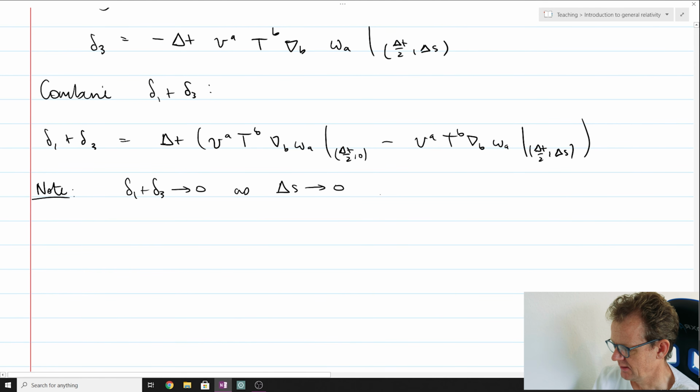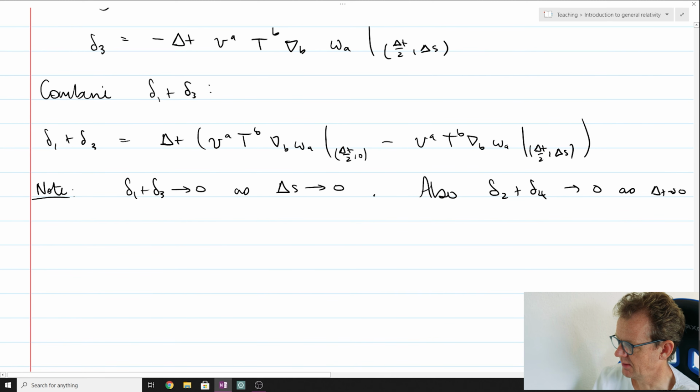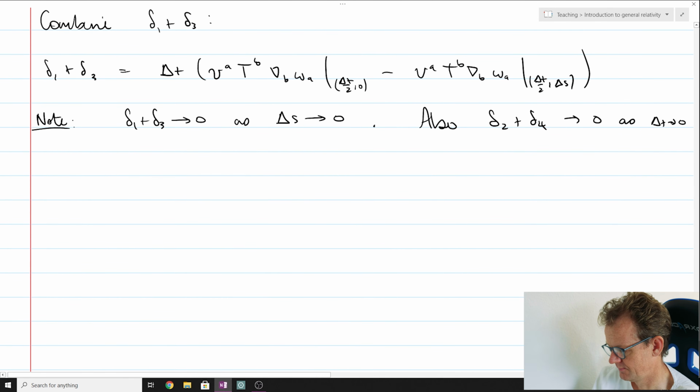And interestingly, if you go through the computation and work out delta 2 plus delta 4, then you see that it goes to 0 as delta t goes to 0. So actually what we've learned is that parallel transport around a loop is path independent to first order.